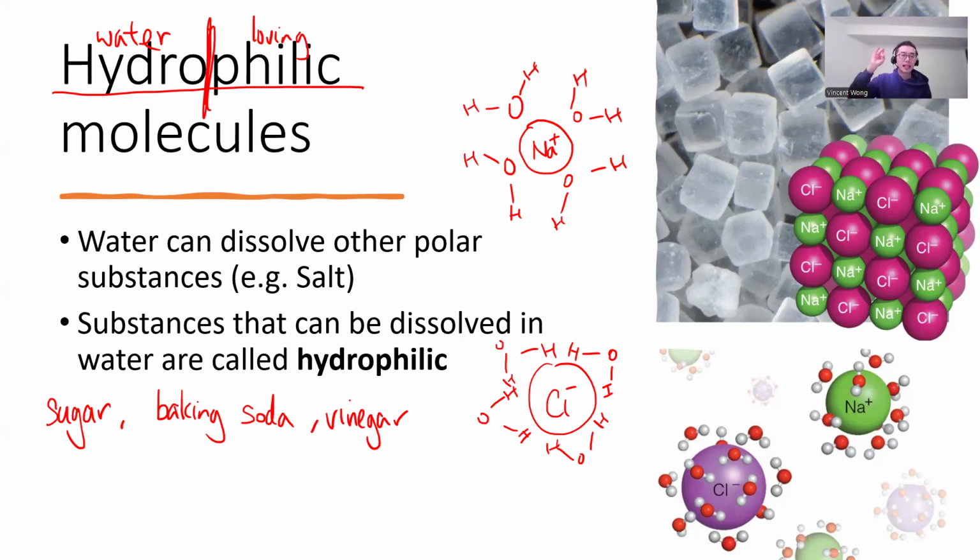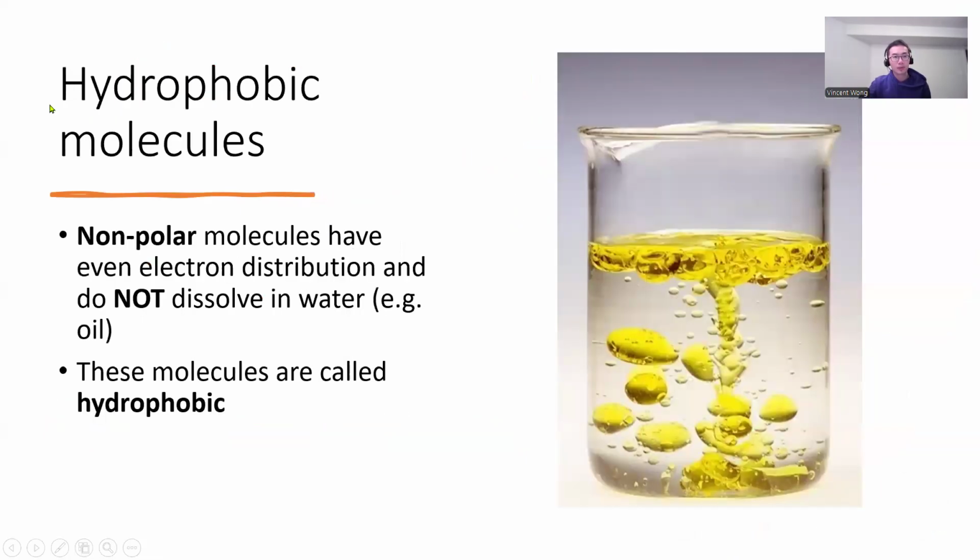Okay, give me something that is not going to dissolve in water. This is easy. You must know these two things don't mix together. That's right, oil. So oil and other things that cannot dissolve in water, we call them hydrophobic molecules.